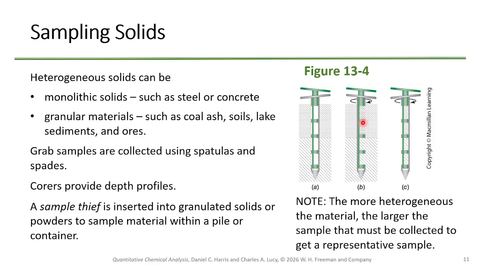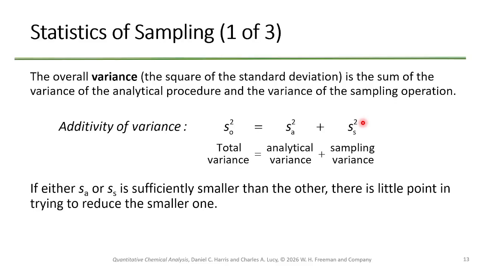Okay. All right, so let's talk about the statistics of sampling. So the overall variance, which is the square of the standard deviation, is going to be the sum of the variance of the analytical procedure and the variance of the sampling operation. Notice that you've seen this formula before. Okay. Because this is how additive variance works, isn't it? So this is actually just an additive variance.